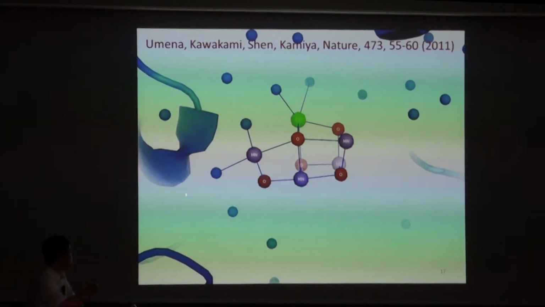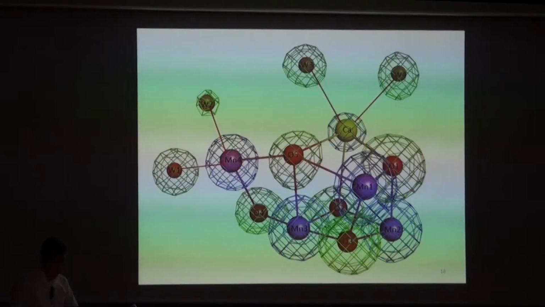And there are additional water molecules surrounding this region, but they are not directly coordinated to this metal cluster, but they form hydrogen bond networks to this cluster. This is the position of each atom we determined from the electron density of our X-ray diffraction data.